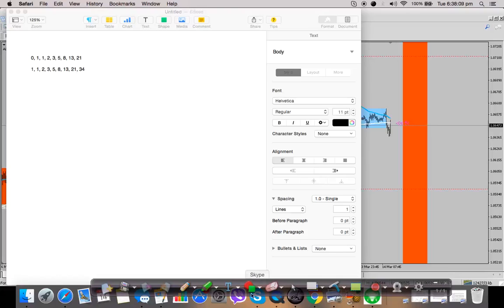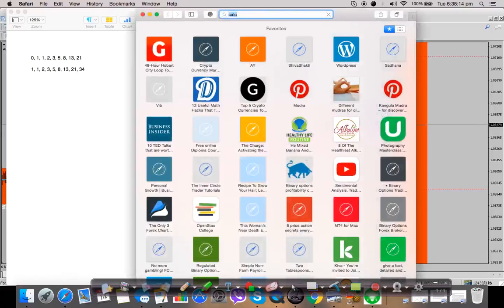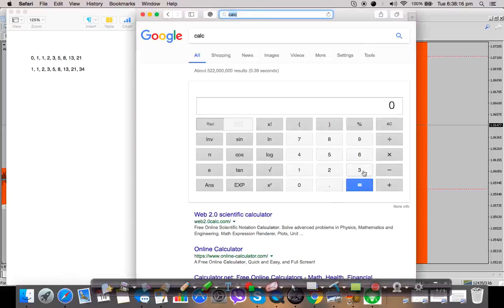Okay, so I'm confusing myself. Let's go back to the calculator. So if we were to take 34 and multiply that by 0.618, we should get something close to 21, right? So here's where we start to realize the unique relationship going forward and coming backwards with the two numbers sitting ahead and after each other. And that just continues out going into infinity, right? So that was the discovery.